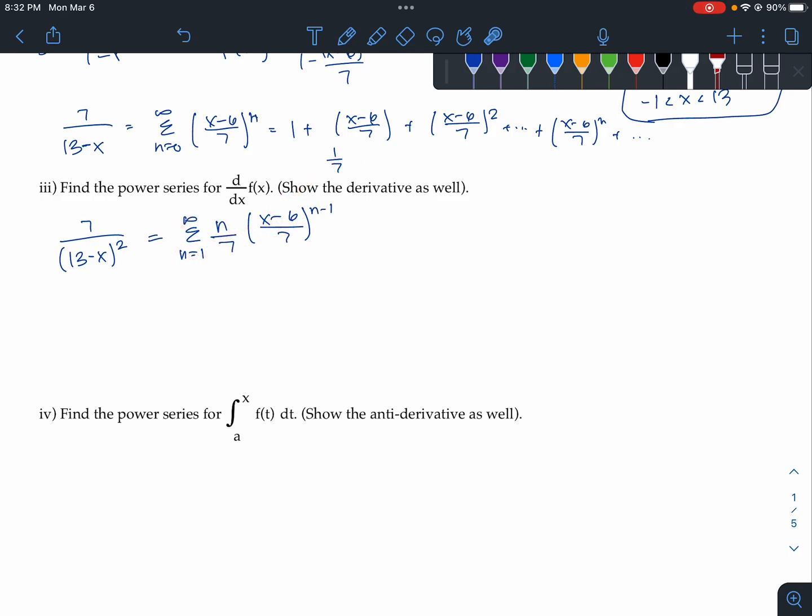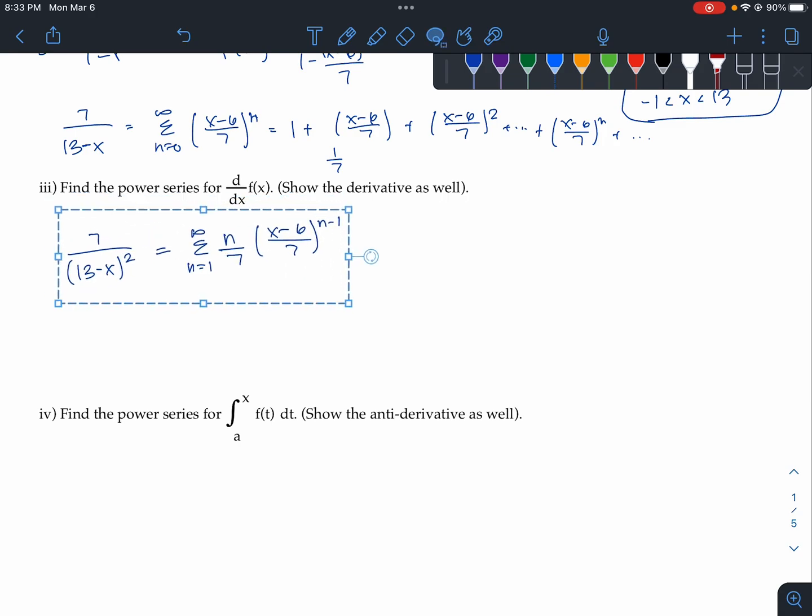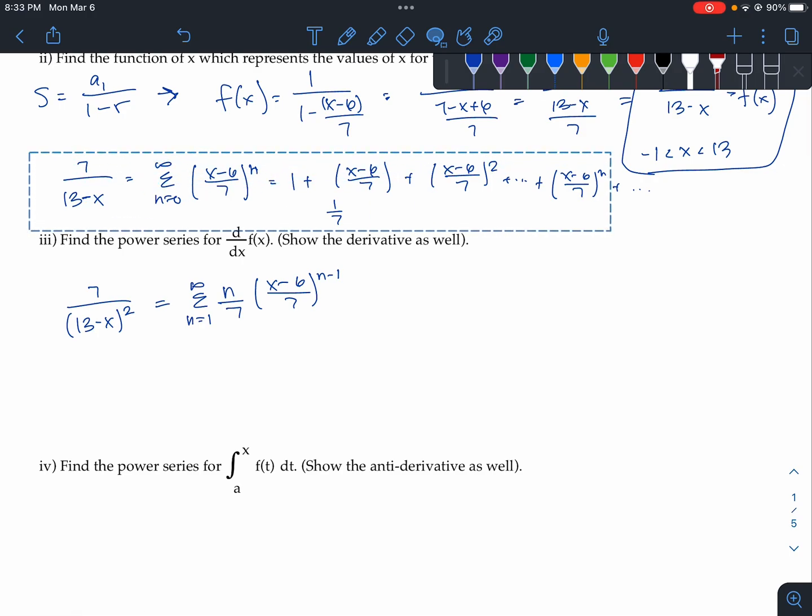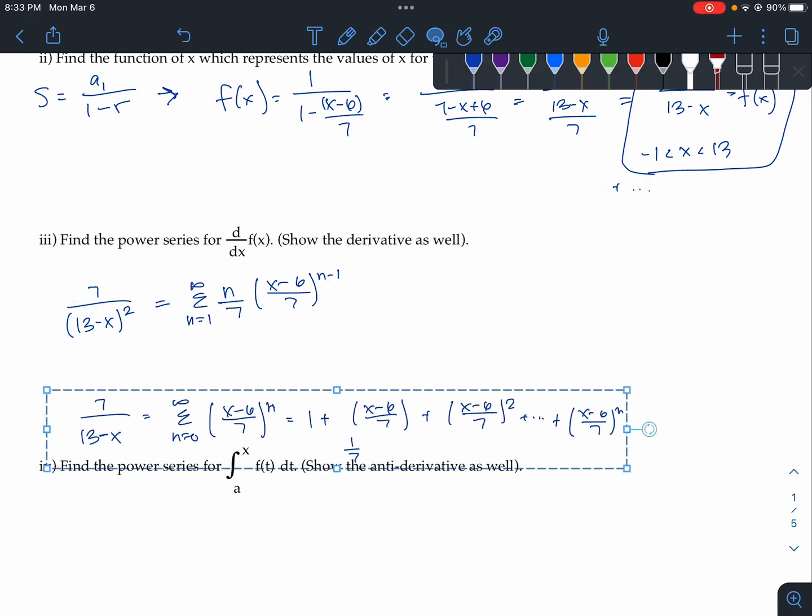So there's that right there. I think that's actually pretty good. I didn't really need a whole lot of space there, maybe because I wrote it up here, but in any case, I'll probably just take this down with me for the next part right here.